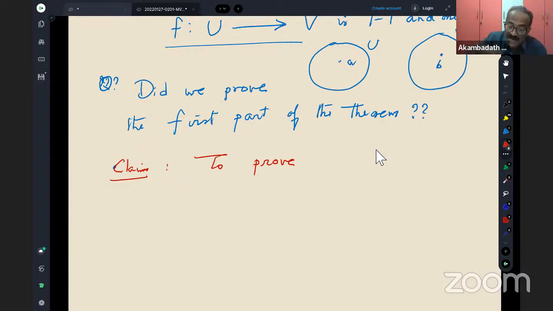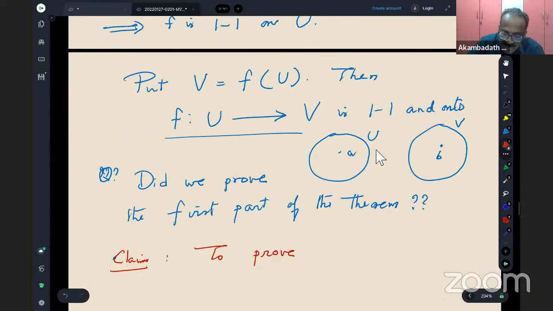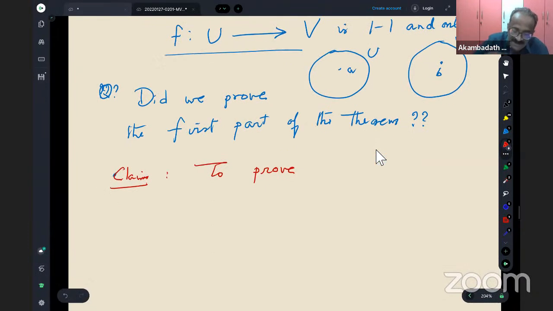That doesn't mean that a continuous map will map open sets to open sets. Please keep that in mind. We need not have an open map. F is only continuous, and it is the derivative and all that which actually shows that it is open. To prove V is open, the argument is a little more subtle, and we will do it tomorrow. Okay. All right.